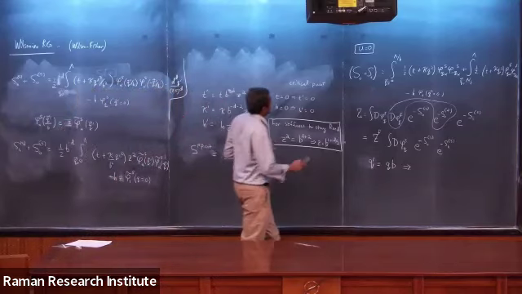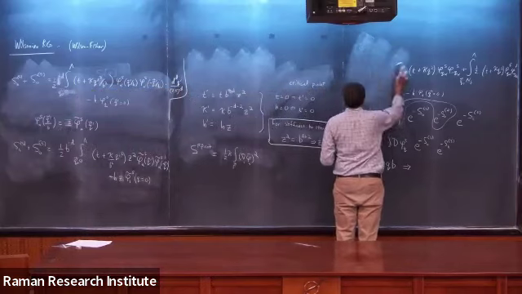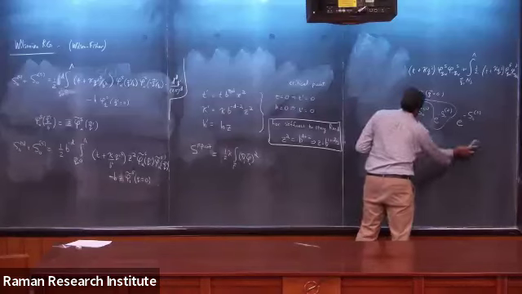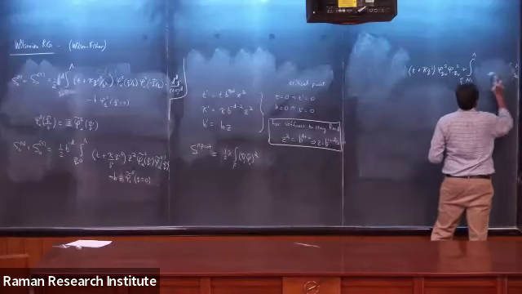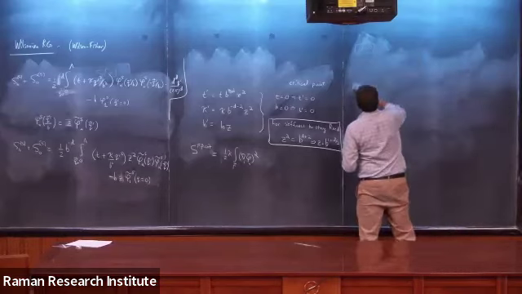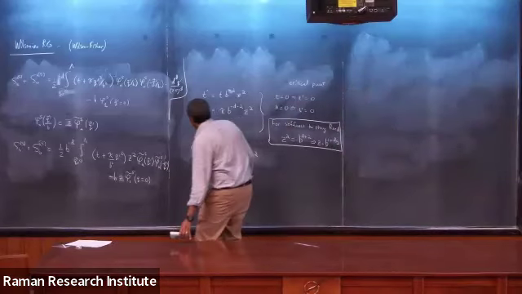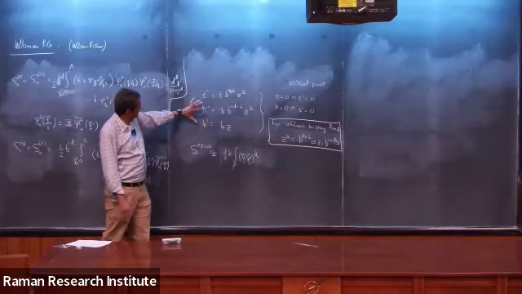So let's ask what happens if T and H are not precisely 0.